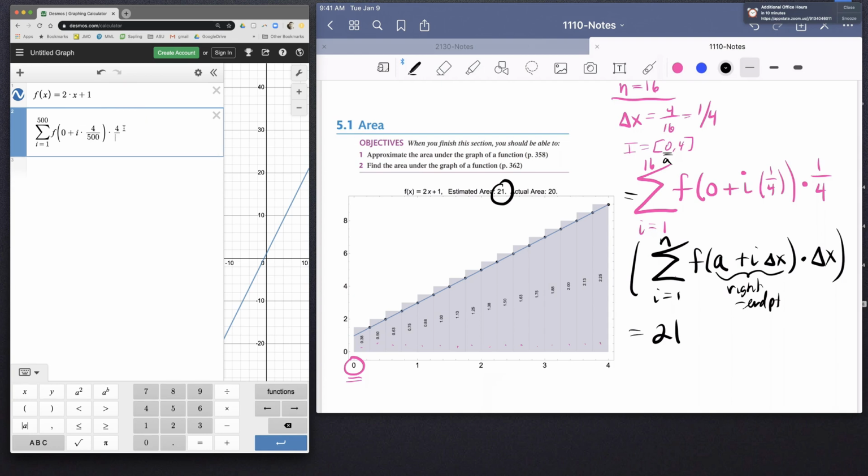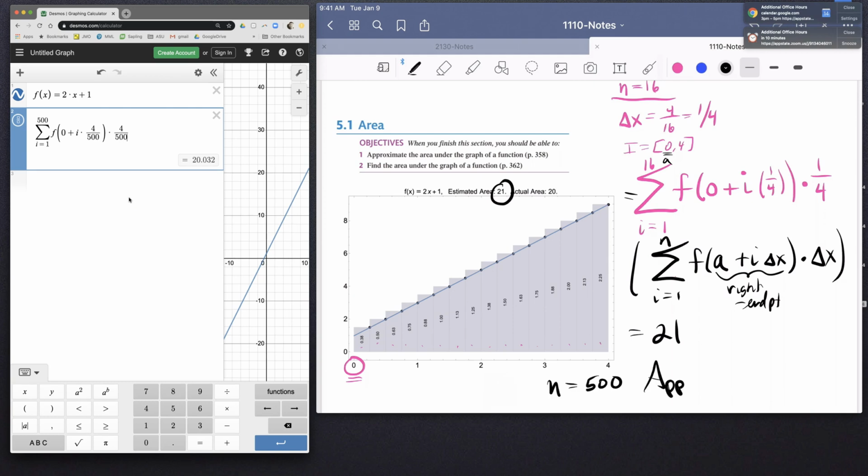And we can see here that when n goes to 500, the approximate area would be 20.032, right? Which is getting much, much closer to the exact answer of 20.